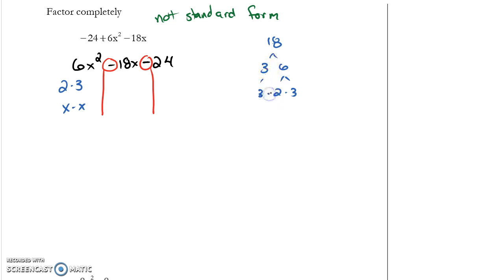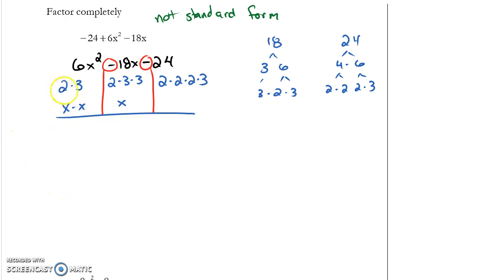I have to bring that down. So 18 is 2 times 3 times 3 with an x. 24, that's 4 times 6, which is 2 times 2 times 2 times 3. So this is 2 times 2 times 2 times 3.